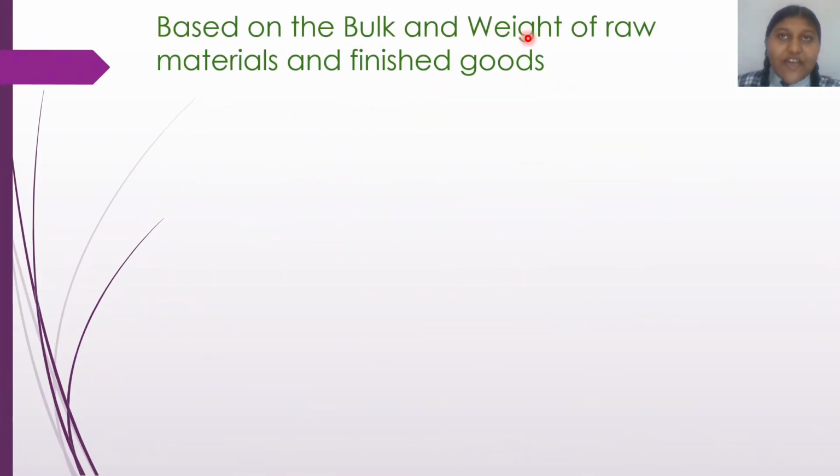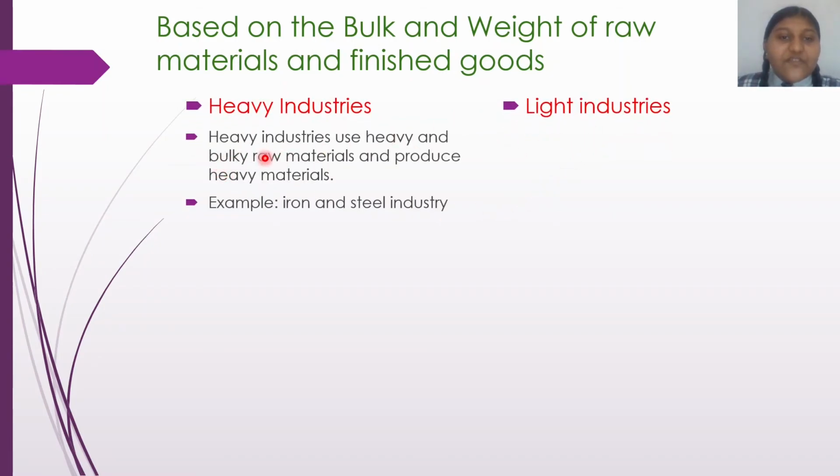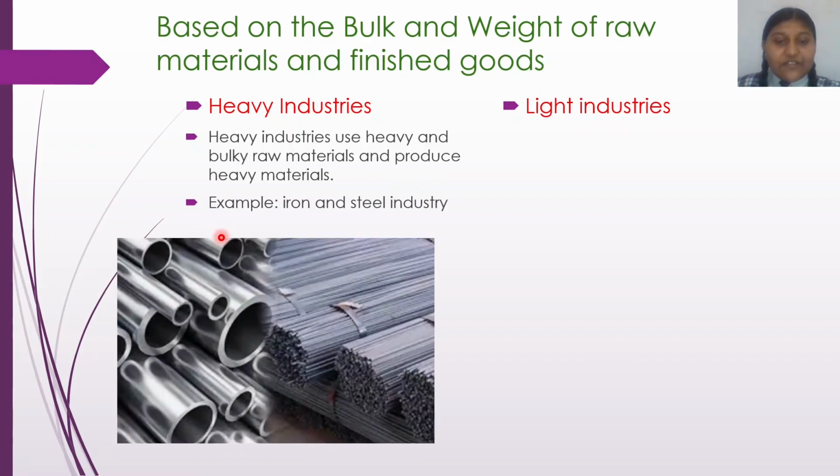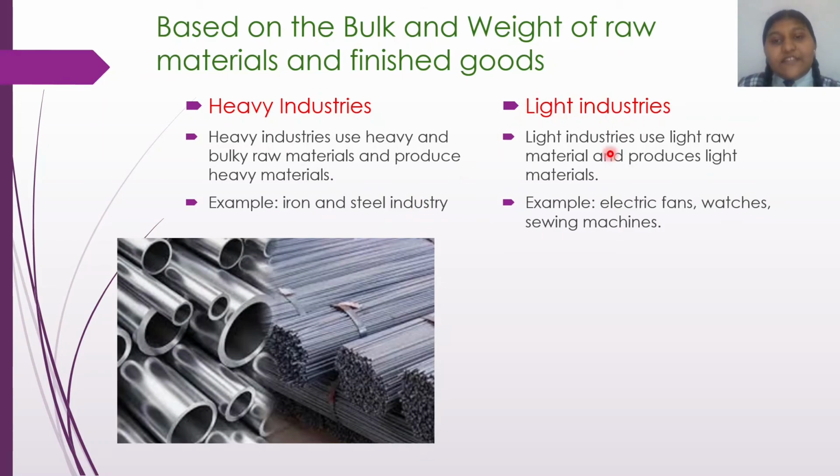Based on the bulk and weight of raw materials and finished goods: heavy industries and light industries. Heavy industries use heavy and bulky raw material and produce heavy materials. Example: iron and steel industry. Light industries use light raw material and produce light materials.